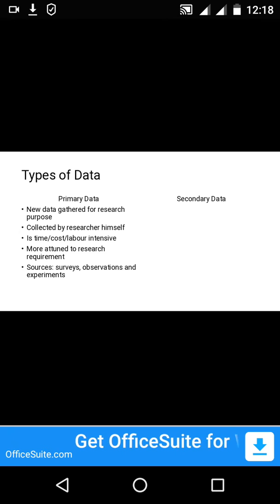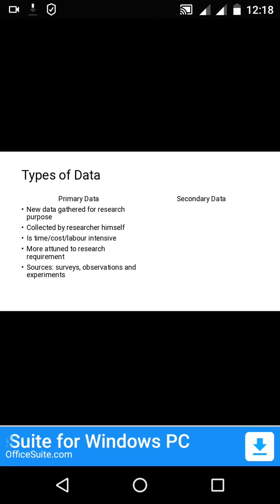Some government agency might have collected that data. Some research agency has that data. Some other researcher has already collected this data. In this case, if you are the researcher and you want the data which has already been collected by these entities, what will you do?